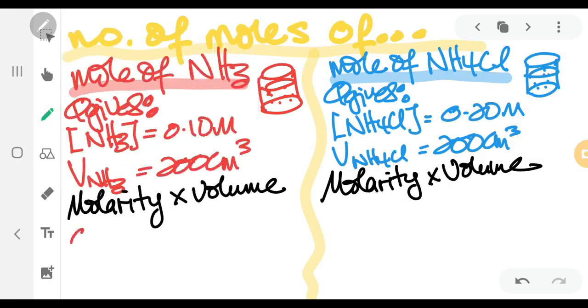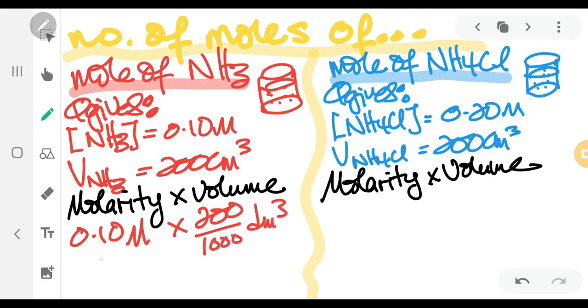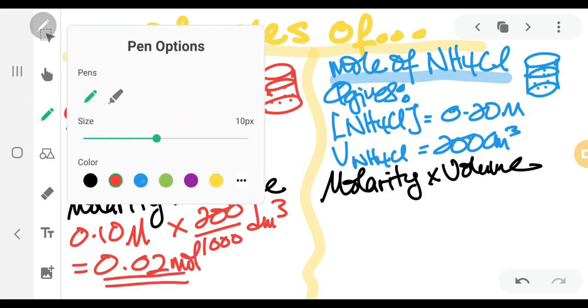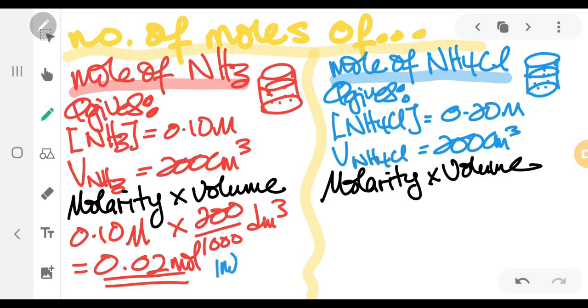So we have 0.10 molar times 200, changed into decimeter cubic, and you have 0.02 mole. By finding that, you get 1 mark for determining the number of moles of weak base in the beaker of the weak base.